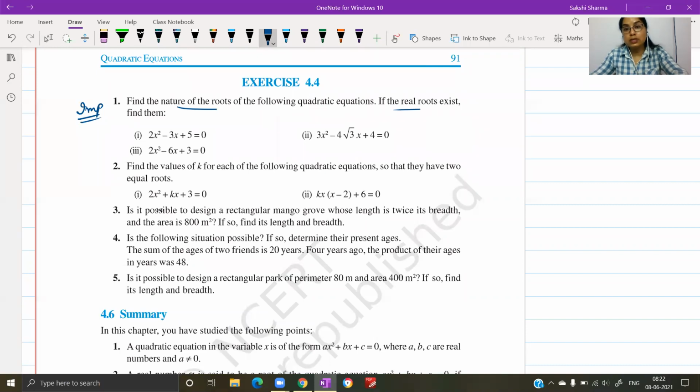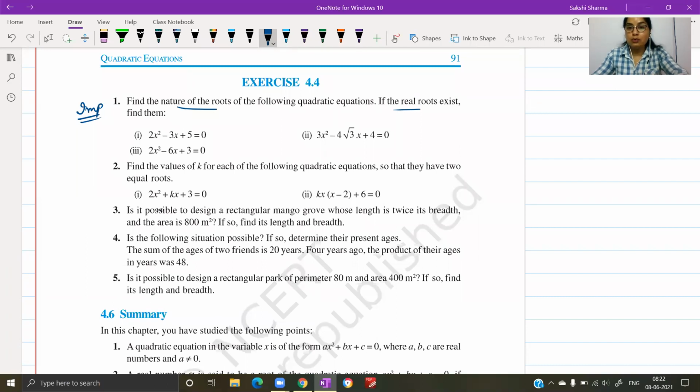If real roots exist, that means if your discriminant is 0 or greater than 0, you have to find the roots. This part usually is missed by some of the students. The second portion, where you actually have to find out the value of x, gets missed. So be extremely careful.